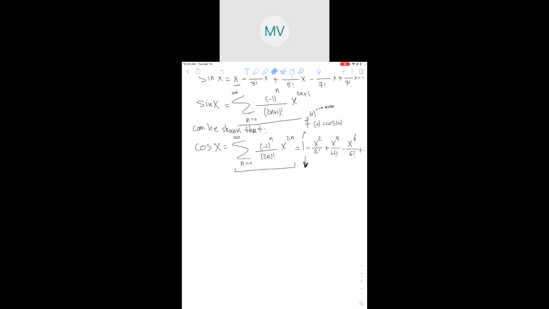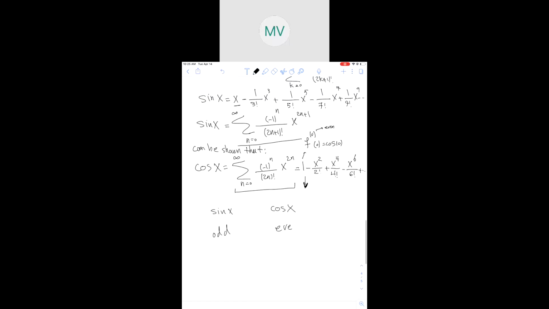In fact, between sine and cosine, one function is even, the other one is odd, right? In terms of symmetry with respect to the y-axis and the origin. So which function is even and the other one is odd? Sine is odd, cosine is even.